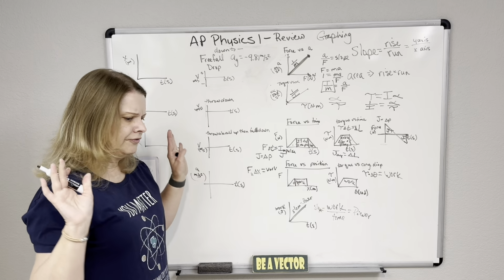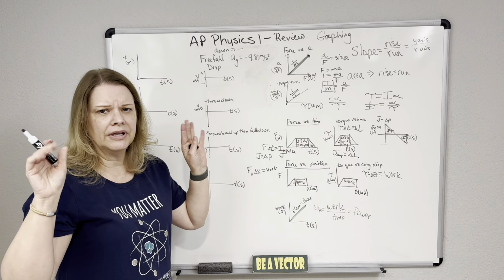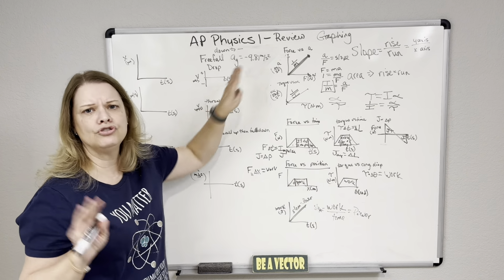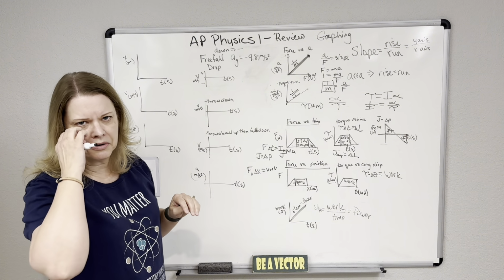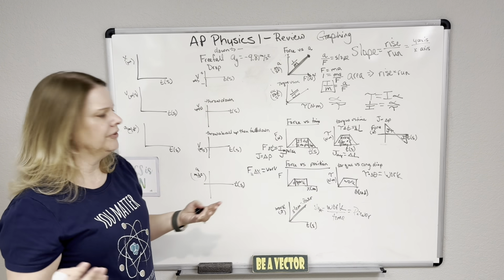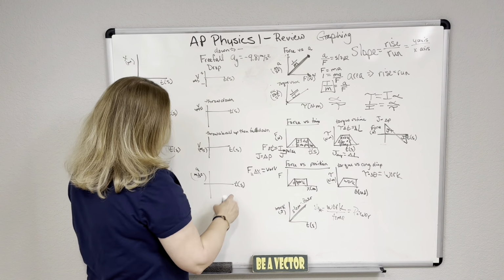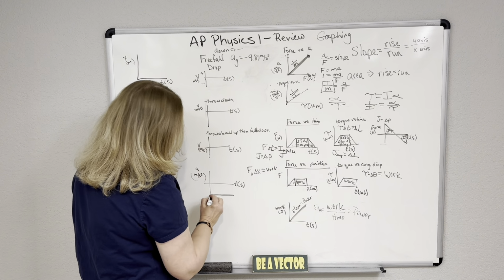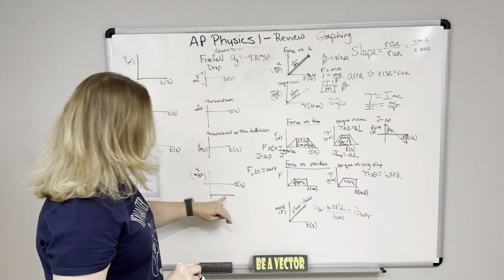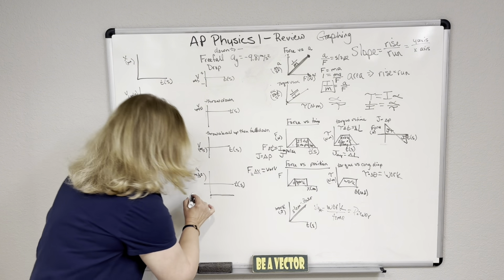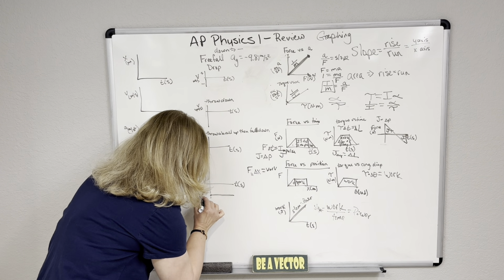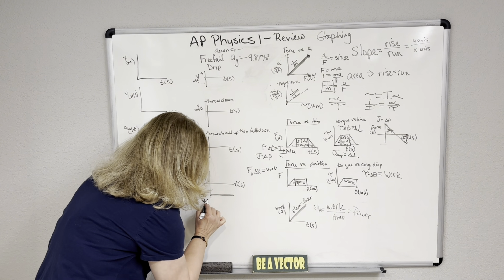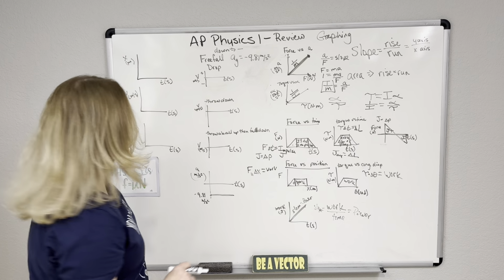Now, yes, if you go higher up, it's going to be a little less, whatever, but our average is negative 9.81 on Earth. You go to the moon, something different, right? But we're going to do all these on the Earth. Well, they're all going to look the same then. You're going to have a straight horizontal line because that means constant acceleration. It's not changing. And it's going to be at negative 9.81 meters per second squared for a free fall problem.